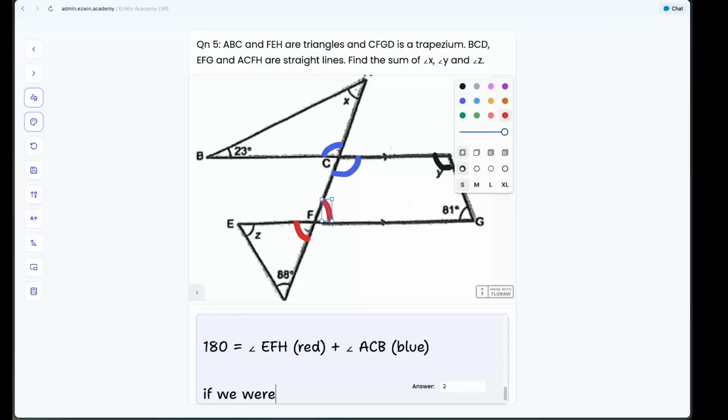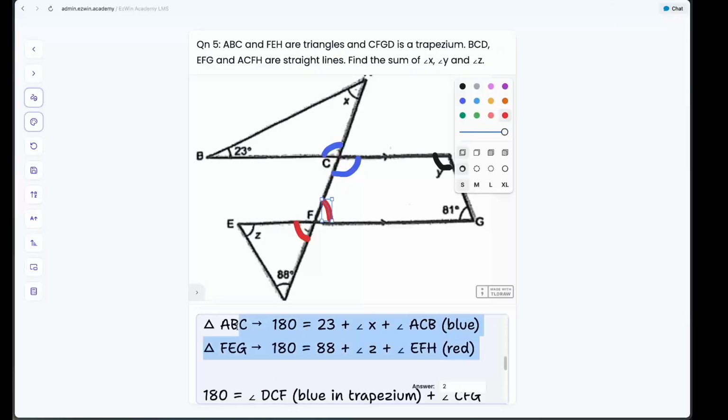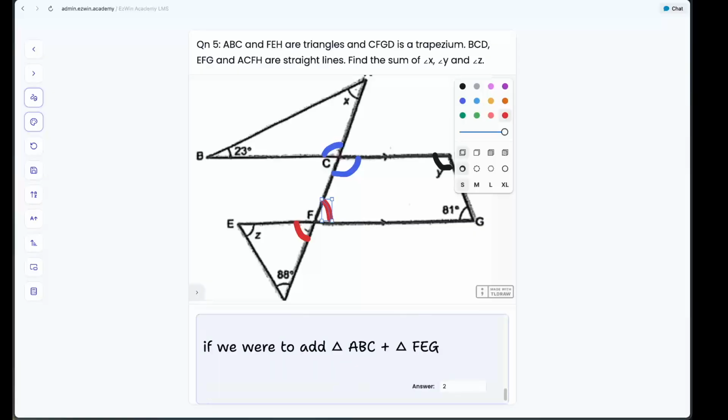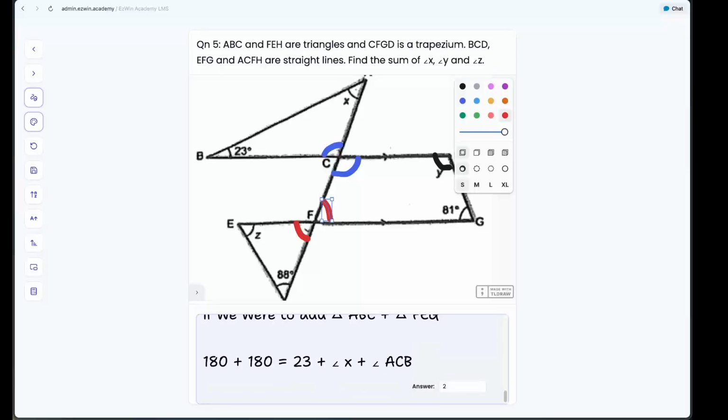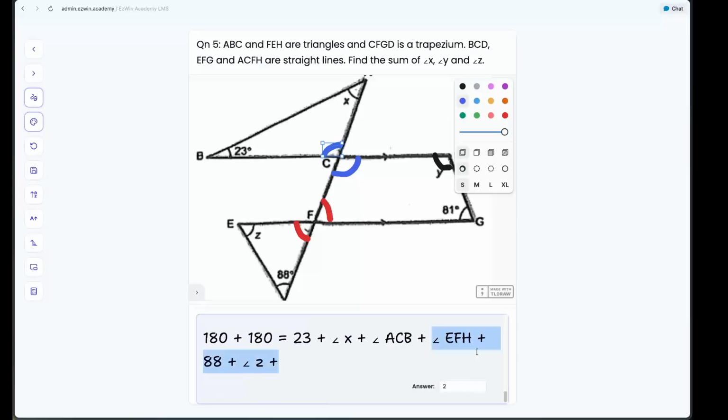If we were to add these two equations, ABC plus FEG, that means 180 plus 180 is equal to 23 plus angle X plus ACB, which is in blue, plus EFH plus 88 plus Z over here.